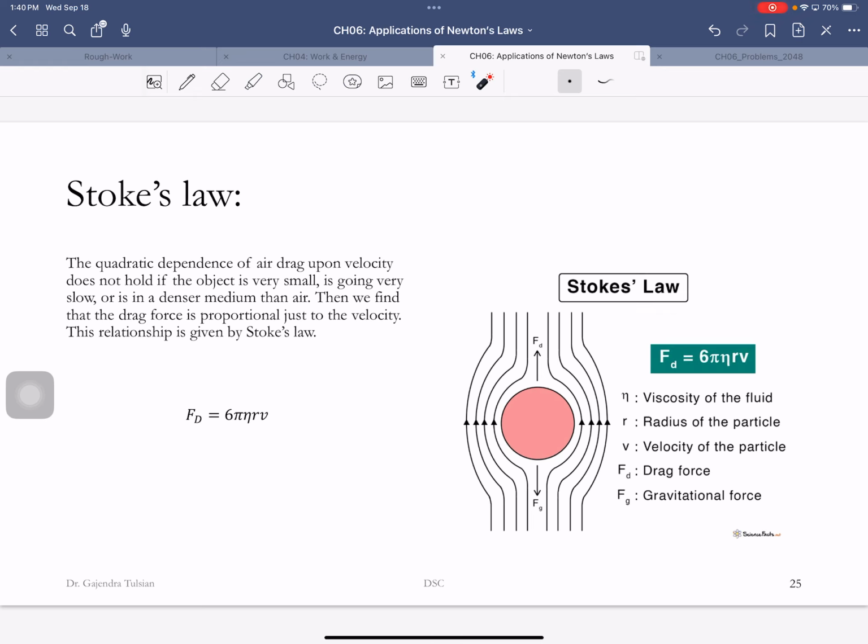So if you shoot a cannonball underwater, then the drag force is proportional just to the velocity, as given by Stokes' law. In the drag force, eta is the viscosity of the fluid.